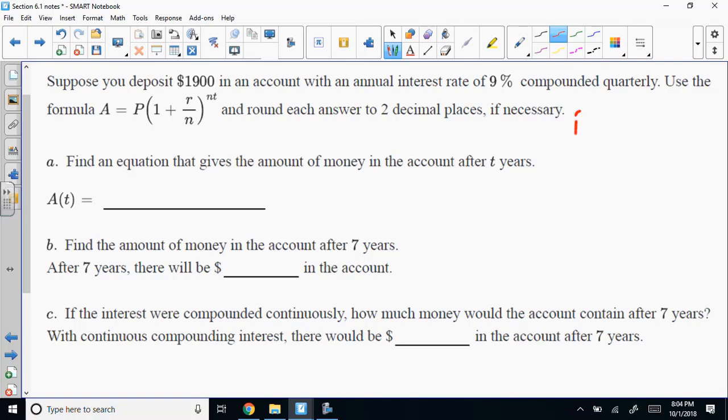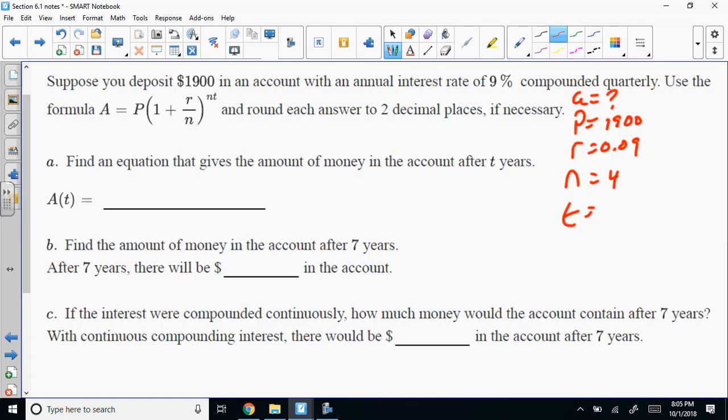So P, A, R, N, and T. If you'll fill this out, then it'll be easy to plug in. So that's 1,900. Interest rate is 0.09. Quarterly is what, guys? How many times a year? 4. And then for how many years? Oh, it just said t years, right?